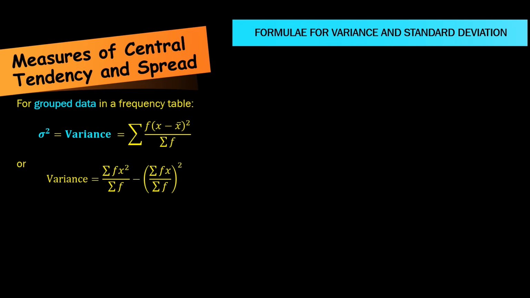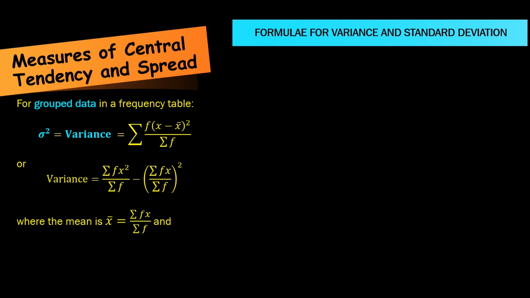So sigma squared equals sum f times (x minus x bar) all squared, all over sum f, or we have that the variance is equal to sum f times x squared over sum f, minus (sum fx over sum f) all squared. So here are two formulas.